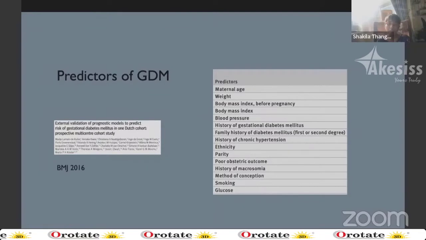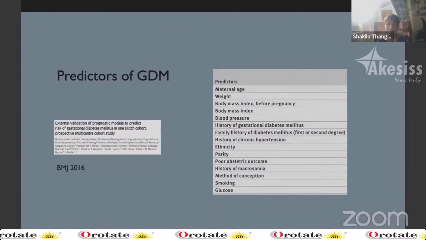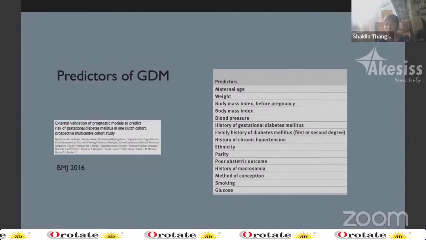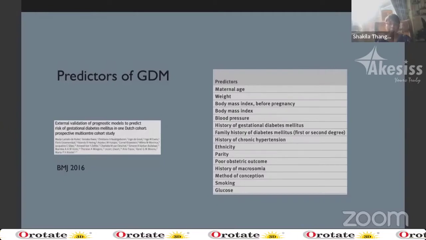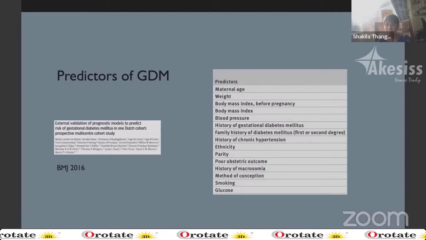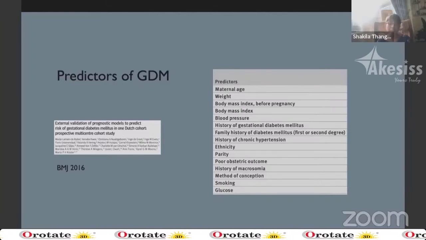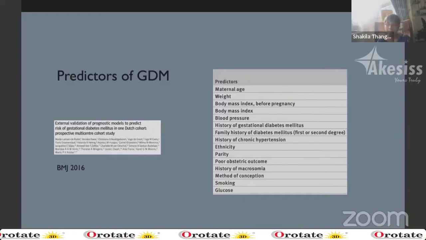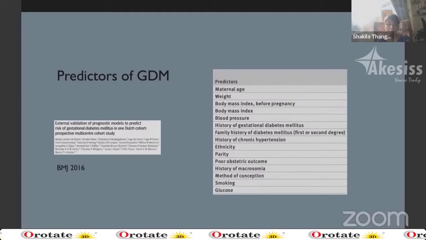So these are the ones on the right. The list are the predictors of GDM that all of us are aware of. The age, body mass index, both before pregnancy and during pregnancy, underlying medical conditions like chronic hypertension, a family history, previous poor obstetric history.